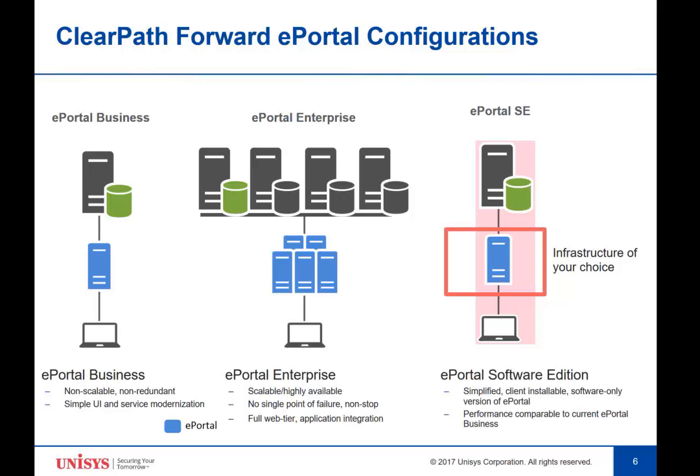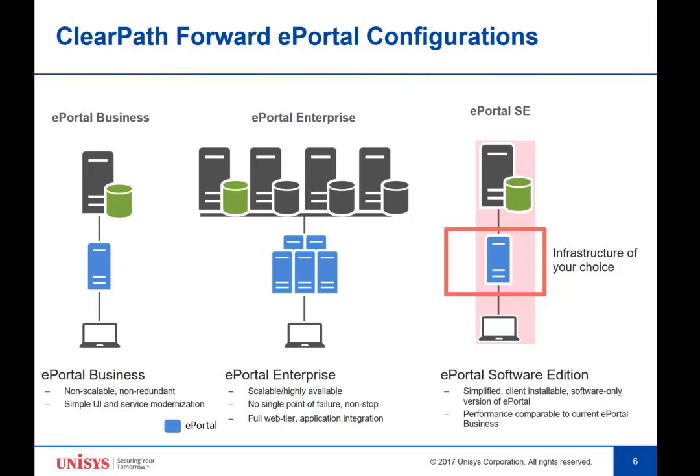ePortal was historically till now available in two variants, as we can see on the left side of this particular slide. We had ePortal Business and ePortal Enterprise configurations. Business is an entry-level system which was specifically meant for clients who wanted to try the features in a small IT setup and having limited resources.